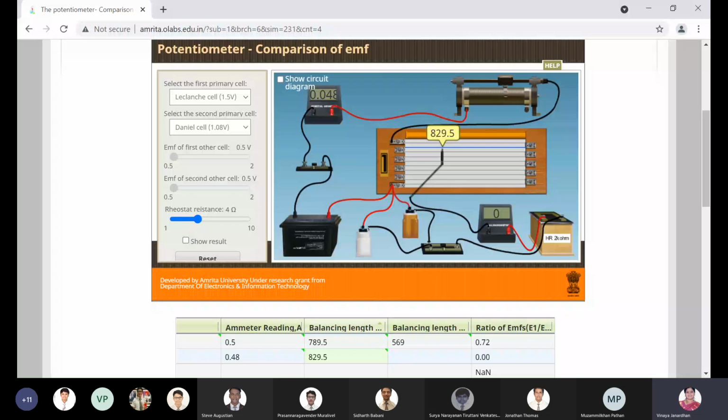So already you have written topic of the experiment, potentiometer comparison of EMF of two cells. Then you have started with aim of the experiment, then theory of the experiment, tabular column, then you have your circuit diagram, apparatus. I want the tabular column. And finally, the result should be in proper statement. So Surya has done.